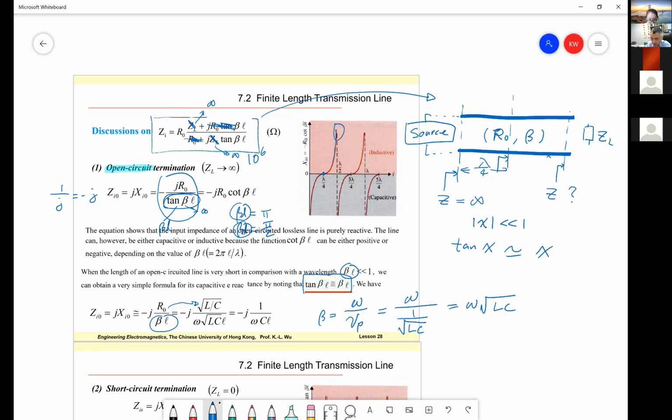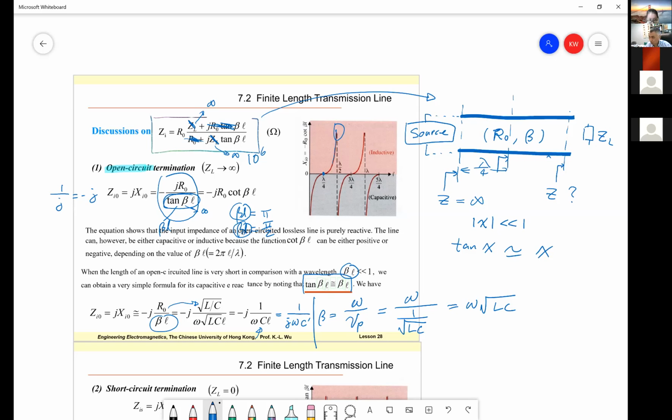Here capital C is the capacitance per unit length.